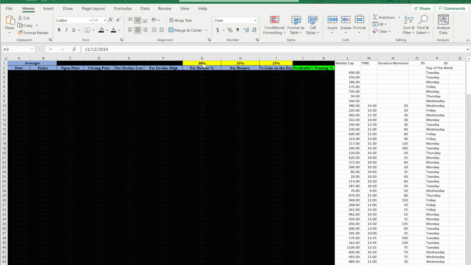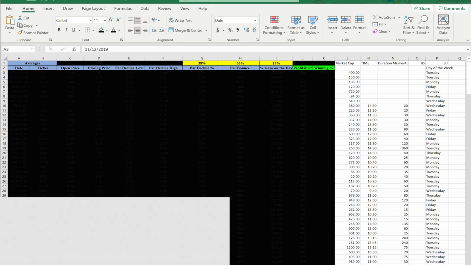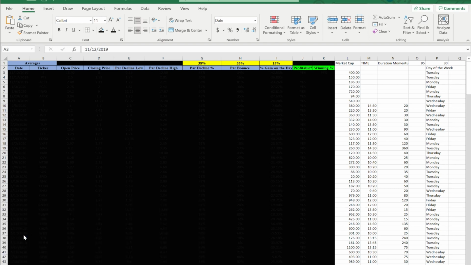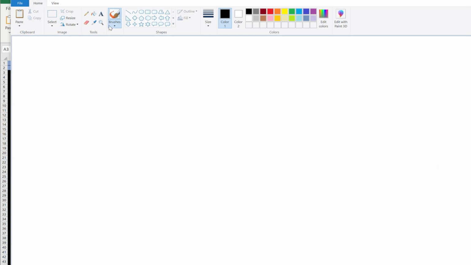Parabolic decline is basically, let's do this real quick, let's say a stock goes from 10 to 5, so that's a 50% loss on the stock, negative 50%.